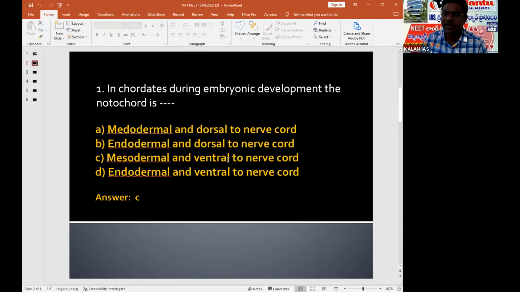You know very well about the triploblast and the diploblast, the categorization of animals based on the layers present in the embryo. If two layers are present, that is diploblast. If three layers are present, those are triploblast.